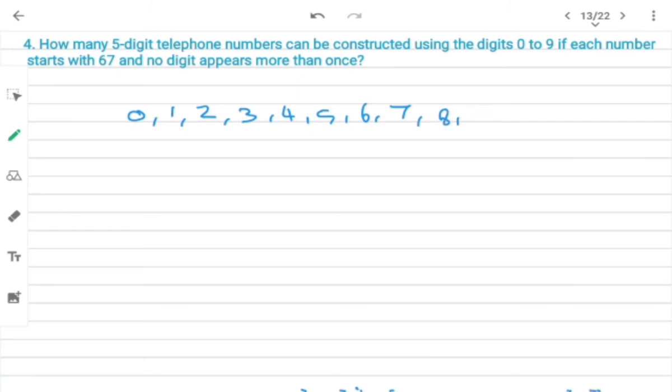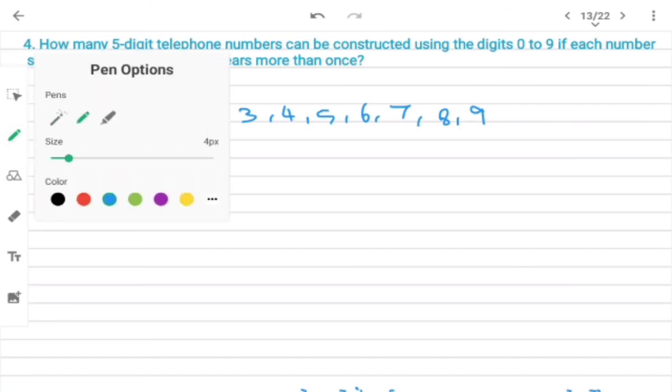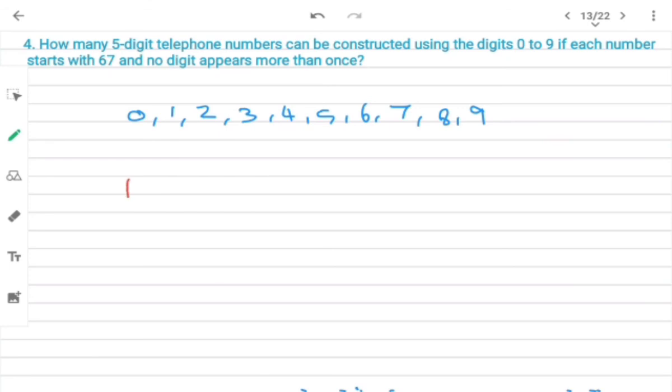So, totally we have 10 numbers. Yes, we are going to frame a 5-digit number: 1, 2, 3, 4, 5.